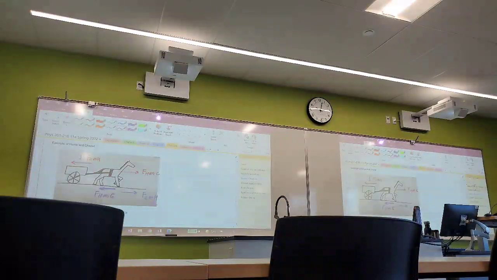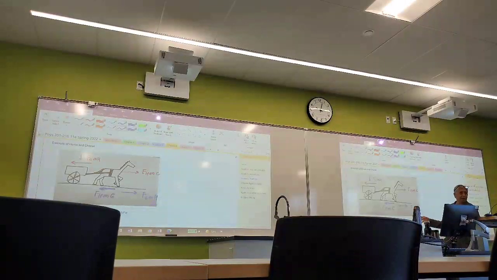The rest of the forces are not acting on the horse, right? Are those two forces equal? No. So how will the horse move forward? Which force has to be bigger? The ground force, 2, should be bigger, and then it moves.